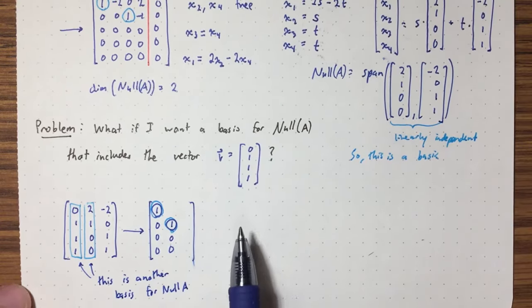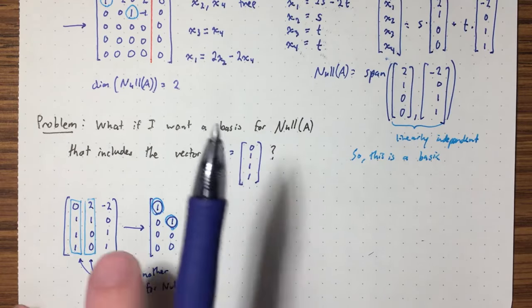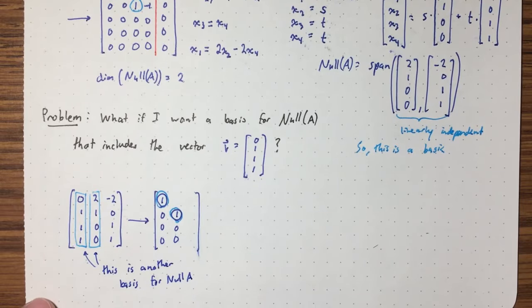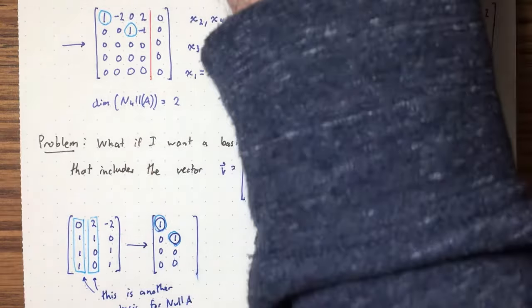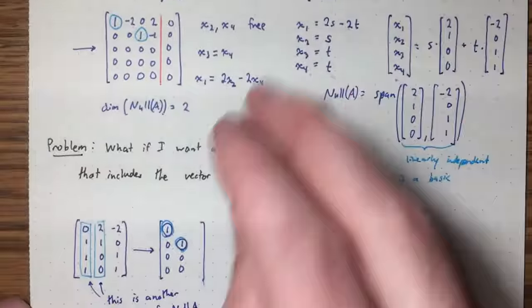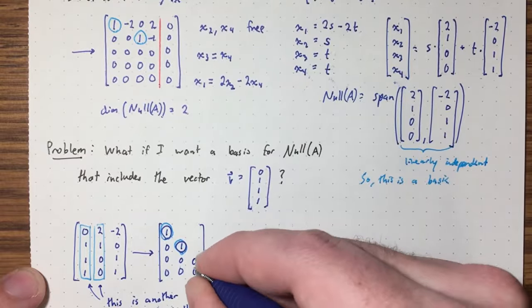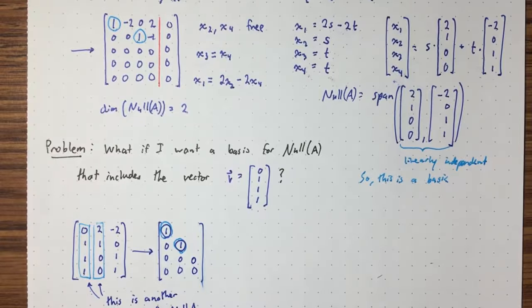So yes, the answer is you do add this vector to the set, but you must keep in mind that you introduced some linear dependence, and so then you have to use this column method again to identify which columns to keep, and those will correspond to the pivot columns. And in this case, we actually don't get another pivot.